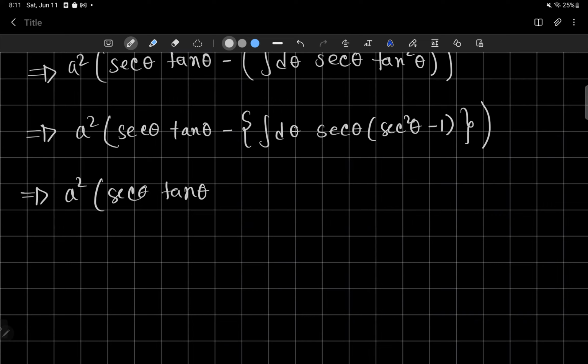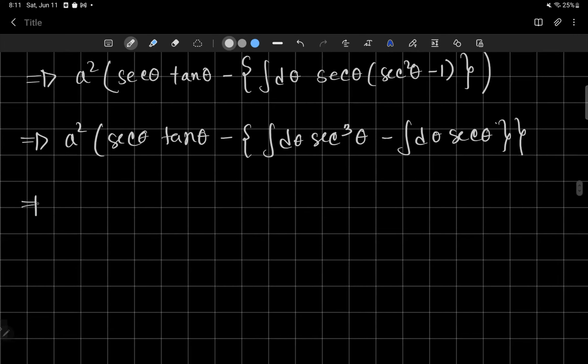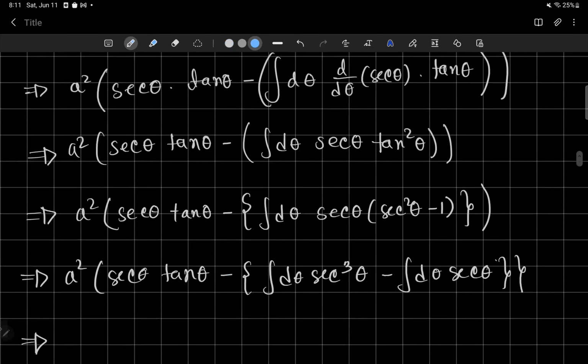Then just do the algebra. Again, you have integration of sec cubed theta minus d theta of sec theta, right? Now let's distribute this a squared inside this whole thing and use this minus sign.